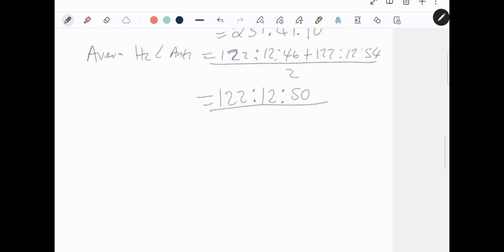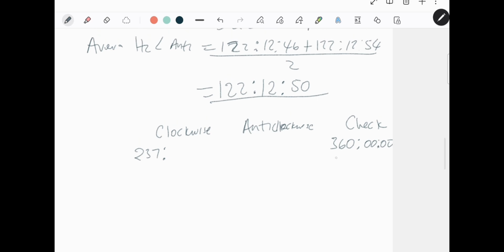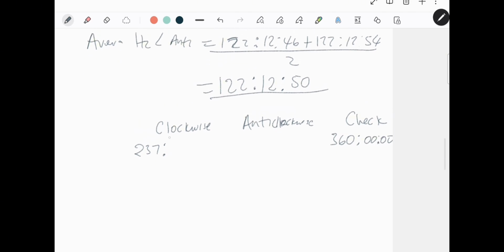Now let's go and check. So clockwise, anti-clockwise, then you have your check. Remember, when you're adding them, they're supposed to give you 360. Horizontal angles are supposed to give you 360. So now our clockwise, we said, is 237, 47, 10.